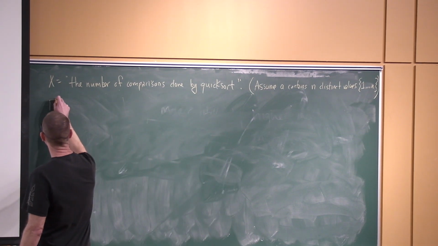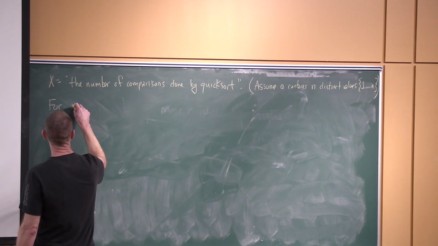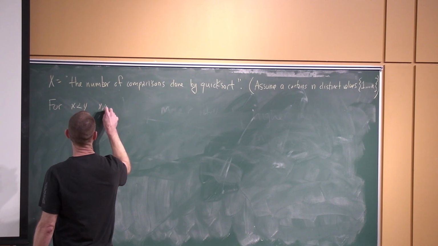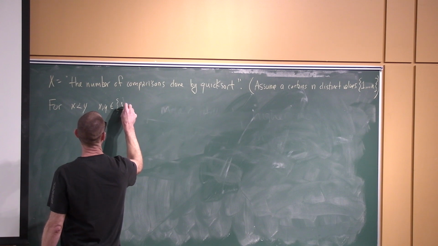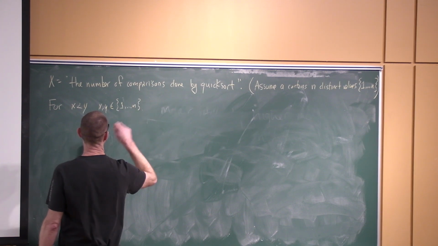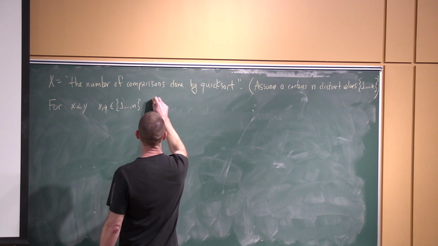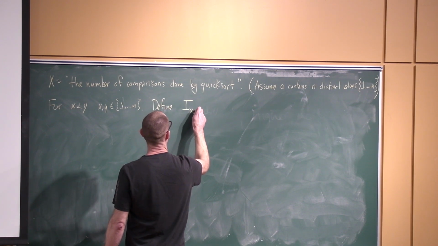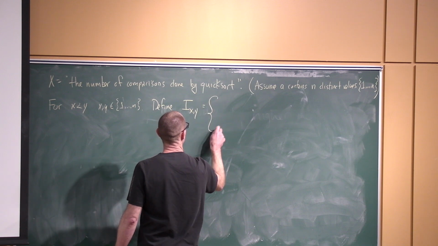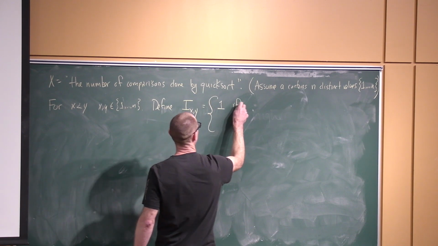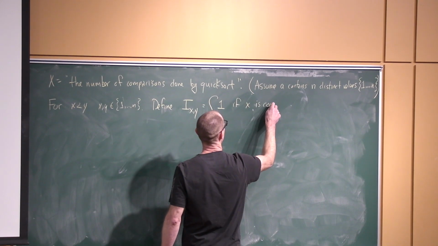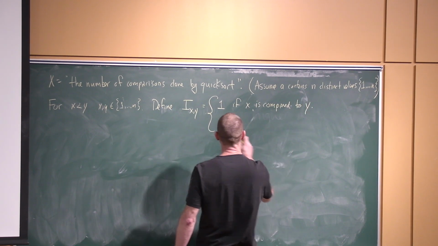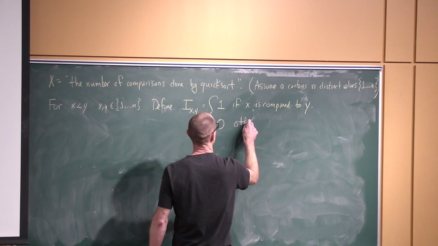So let's say for little x less than y, where x and y are in our input array, define the indicator I_xy, which is equal to 1 if x is compared to y and 0 otherwise.